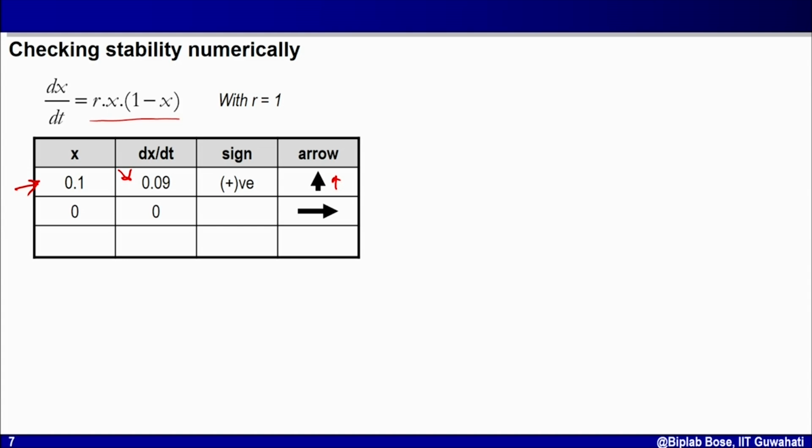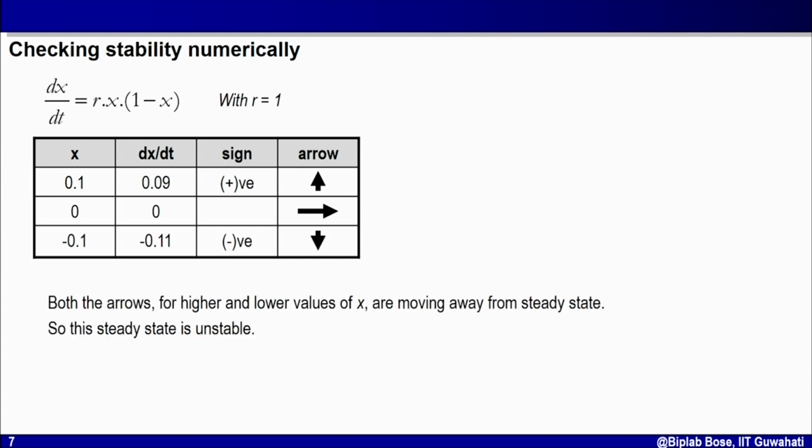Let us now take a slightly lower value of x, slightly lower than the steady state value of 0. So slightly less than 0 is minus 0.1. I again use this ODE to calculate dx/dt, with r equal to 1: 1 times minus 0.1 times (1 minus minus 0.1).